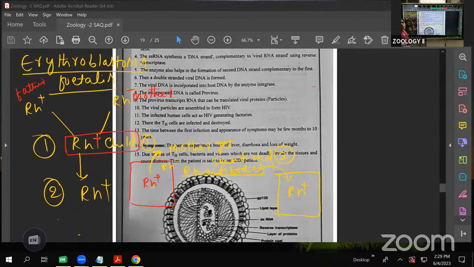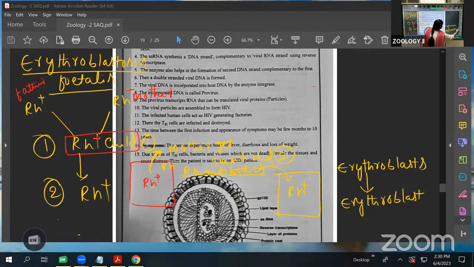Before that, the immature cells of the RBC are there, called erythroblasts. These erythroblasts undergo destruction, which we call erythroblastosis.